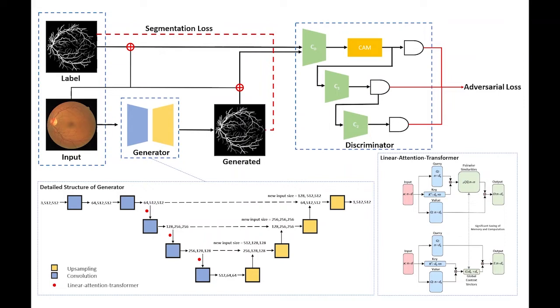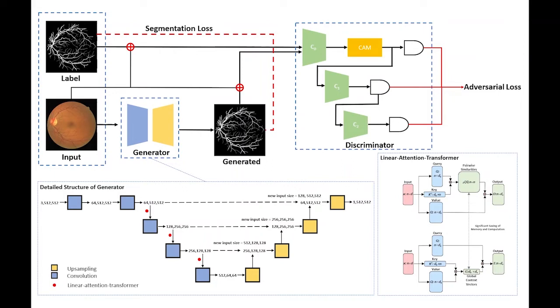Firstly, let's talk about what a generative adversarial network is. We call it GAN. A normal neural network only has one network, but a GAN usually consists of two networks, a generator and a discriminator. The generator will generate the images and transmit them to the discriminator. The discriminator judges whether this image is real.